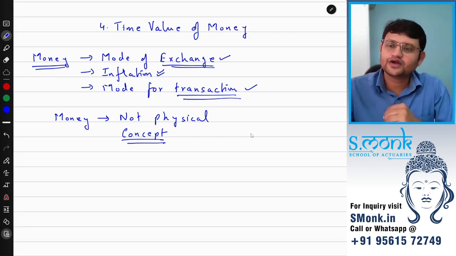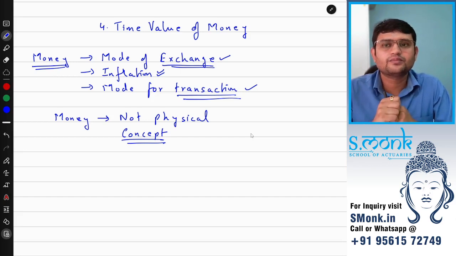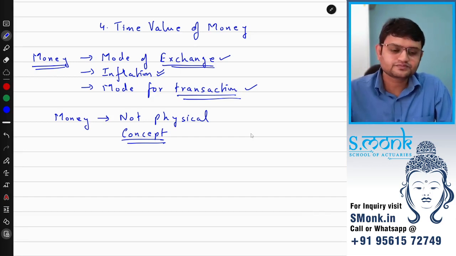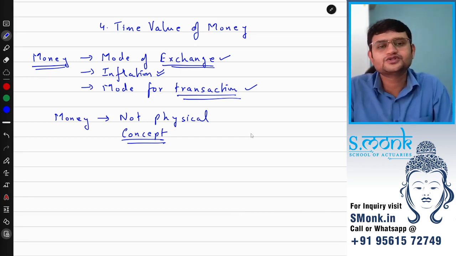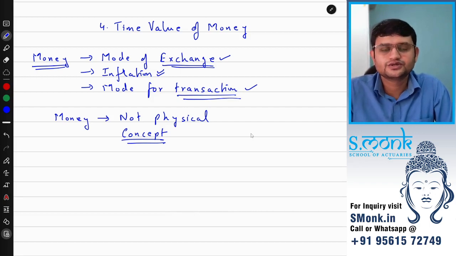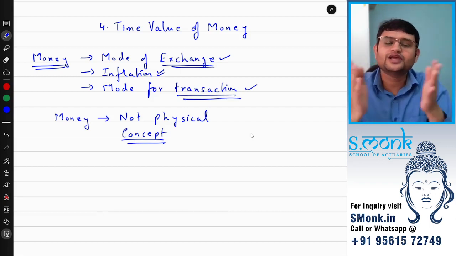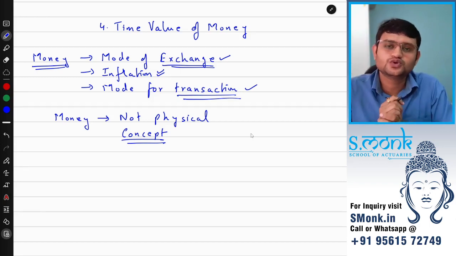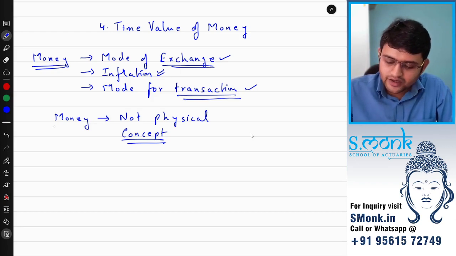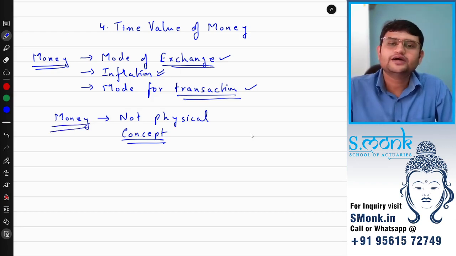And it was very difficult for a farmer to know how difficult it is to catch a fish. So when they tried to exchange goods, it was difficult for them to value those goods. So they needed a third party so that they could value their own products.